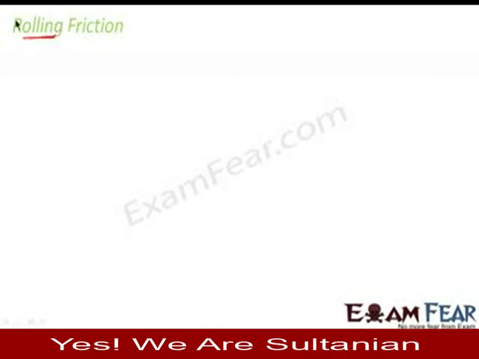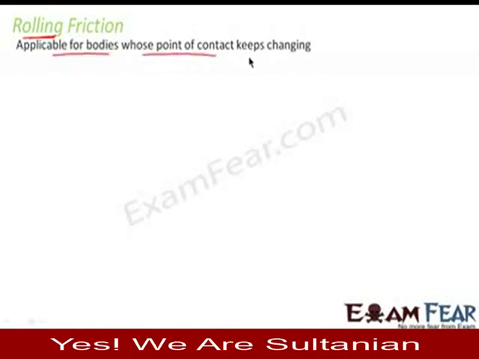Similarly, rolling friction. The name suggests rolling means for objects which generally roll. For example, let us see, rolling friction is applicable for bodies whose point of contact keeps changing. Can you think of such bodies whose point of contact with the surface keeps changing at every interval? Yes, you can. Just think of any spherical object. Let us say, think of a ball.